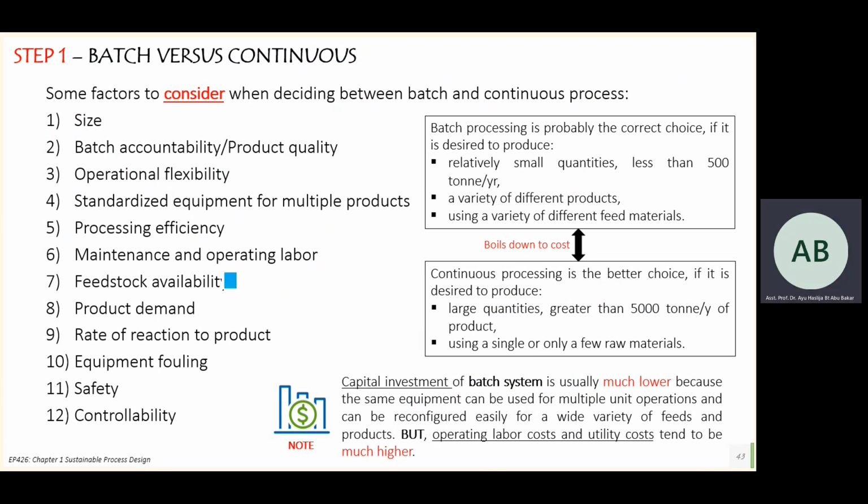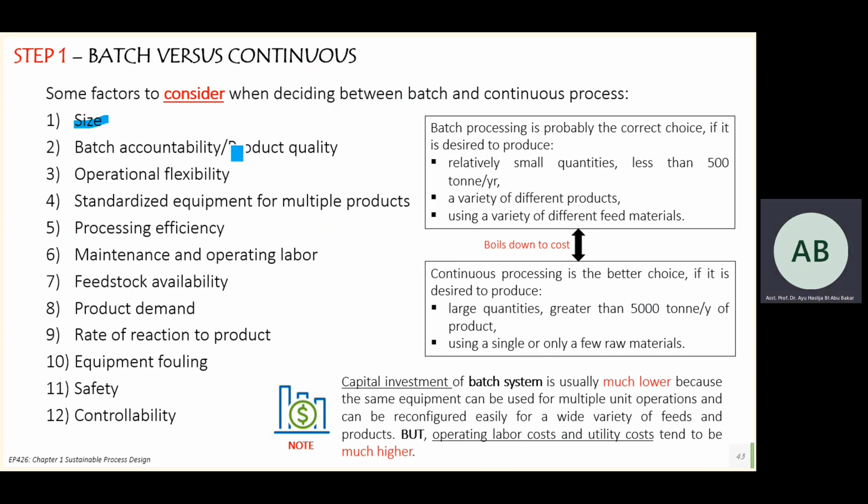Now, there are some factors to consider when deciding whether to do batch or continuous. These are part of it. They might be more or they might be less, depends on your process, case to case basis. Size, the size of your equipment, your reactor.